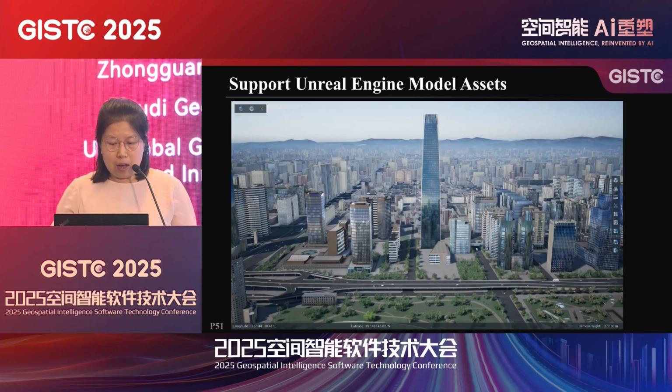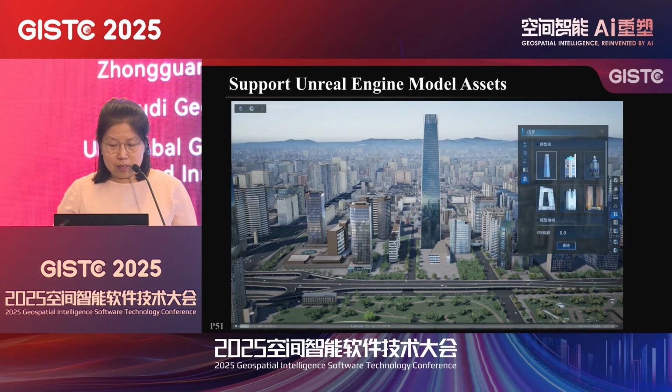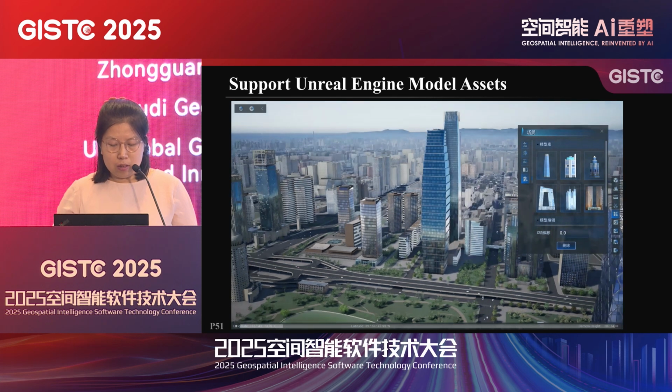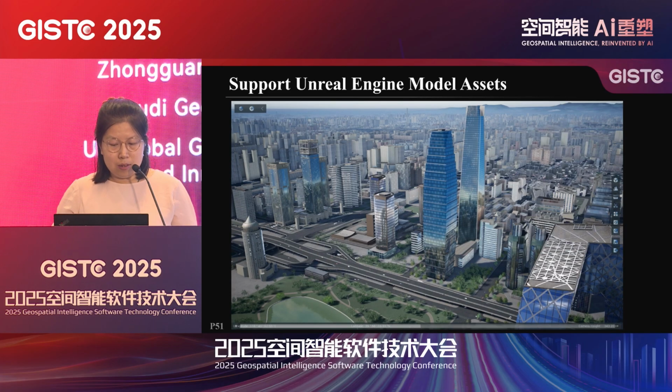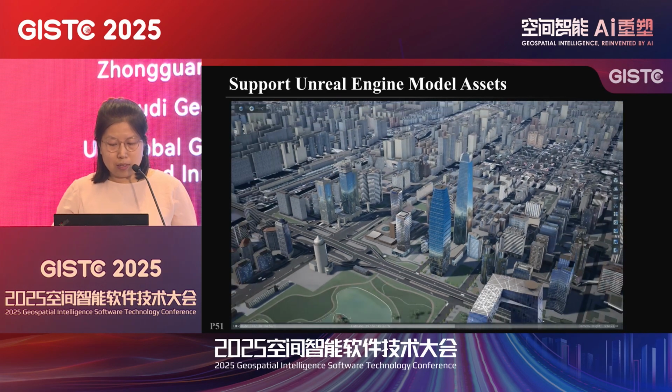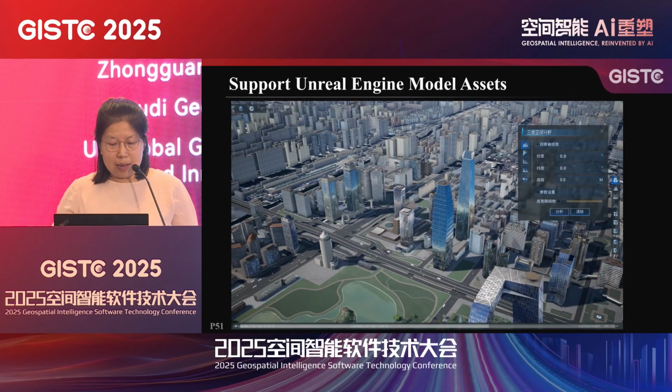Not only can our GIS data be used within the game engine, but we also support integrating existing data imported into the UE platform. You can combine your data with S3M datasets within the same project, enabling seamless participation in various spatial analysis.